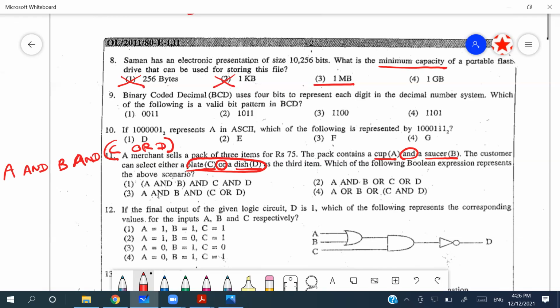So it's A and B and (C or D), which is going to be the 3rd answer. The first one is wrong, this takes N. The second one is wrong, here it takes O. The third one is wrong for many reasons. So definitely for the 11th, it's the 3rd.